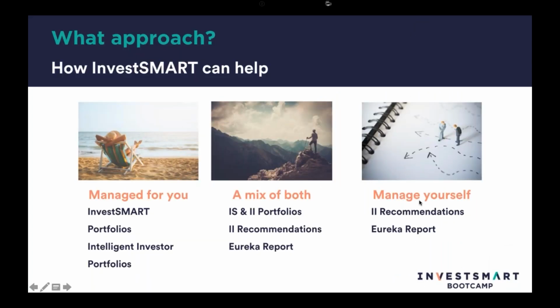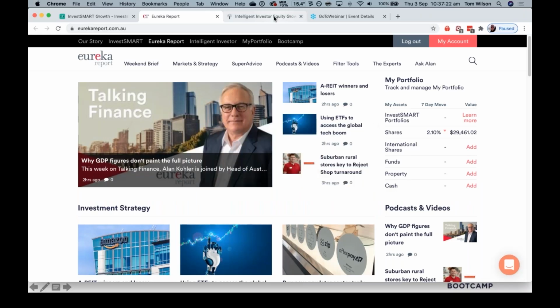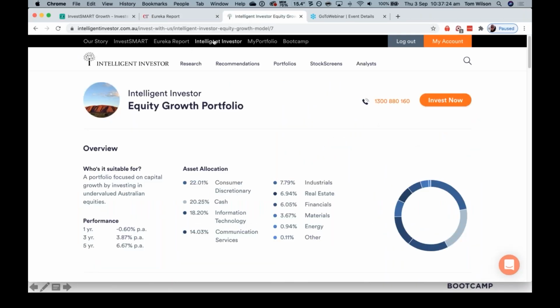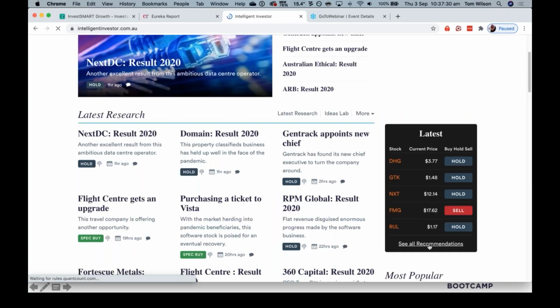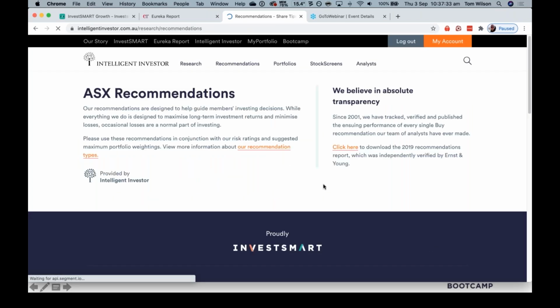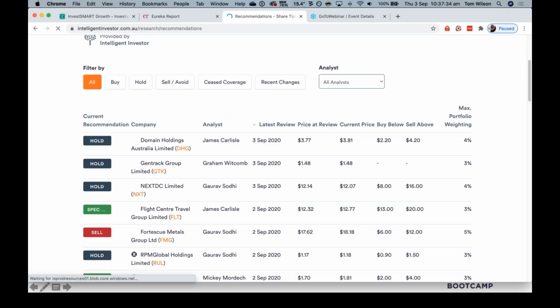Then finally, if you did it yourself, the recommendations that we were talking about on Intelligent Investor, I'll just go here, and you can see the latest recommendations or look at all of them. And they'll even provide what kind of weighting each should make up of your portfolio. So they provide that on the side here as well.